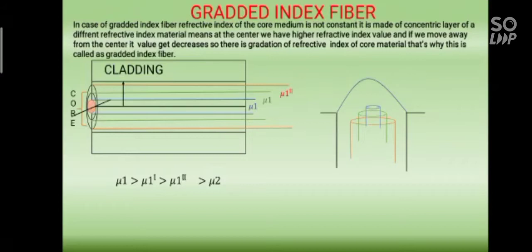Now this ray is moving from higher to lower refractive index, entering the second layer, which has a lower refractive index value than the first one. It means the ray is entering from a denser to a rarer medium. We know when a ray enters from a denser to a rarer medium, it moves away from the normal. Hence, it changes its path and moves away from the normal.